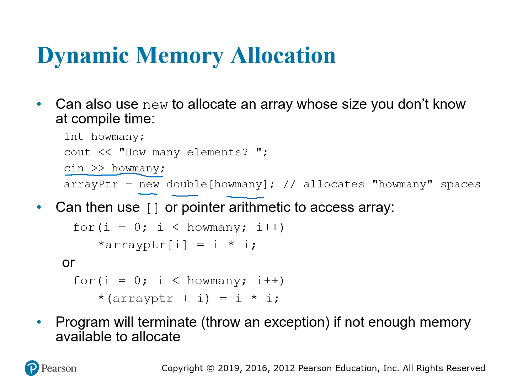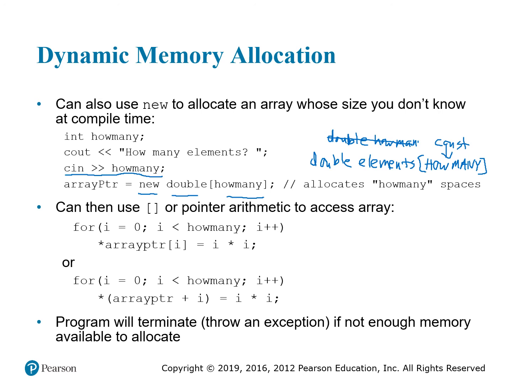Prior to this, if the way we've done it before, if we just say double elements how many, this had to be a constant, okay, or an expression that could be evaluated as a constant at compile time.